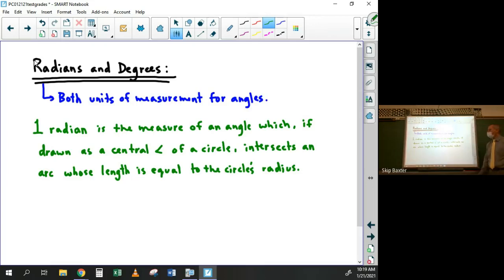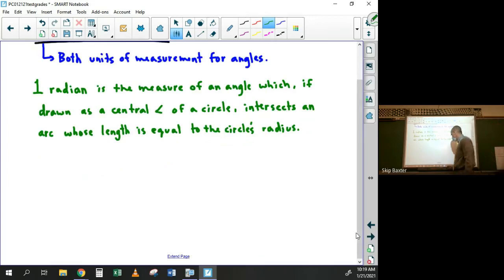That's a lot of words, but remember a central angle is just an angle whose vertex is right at the center of the circle. It intersects an arc whose length is equal to the circle's radius.